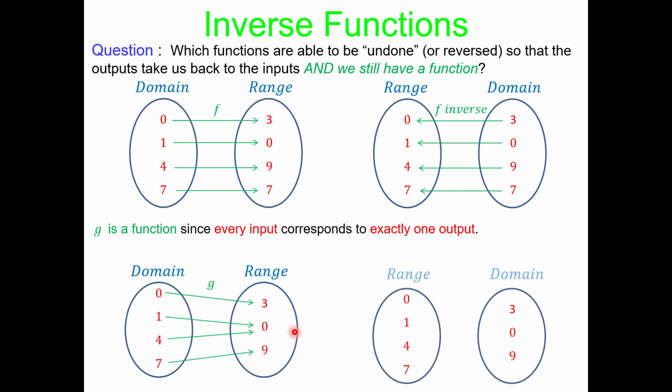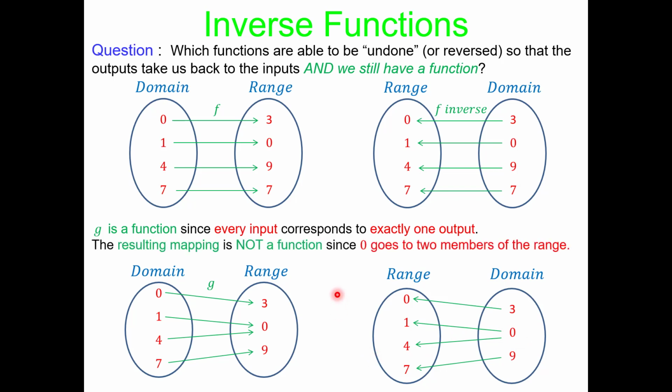Now let's see if we do the inverse. Well, 0 has to map back to both of its inputs, 1 and 4. And so this is not a function. It's not a function when you're trying to consider the input and then 2 outputs come out. Okay, so let's make this clear.